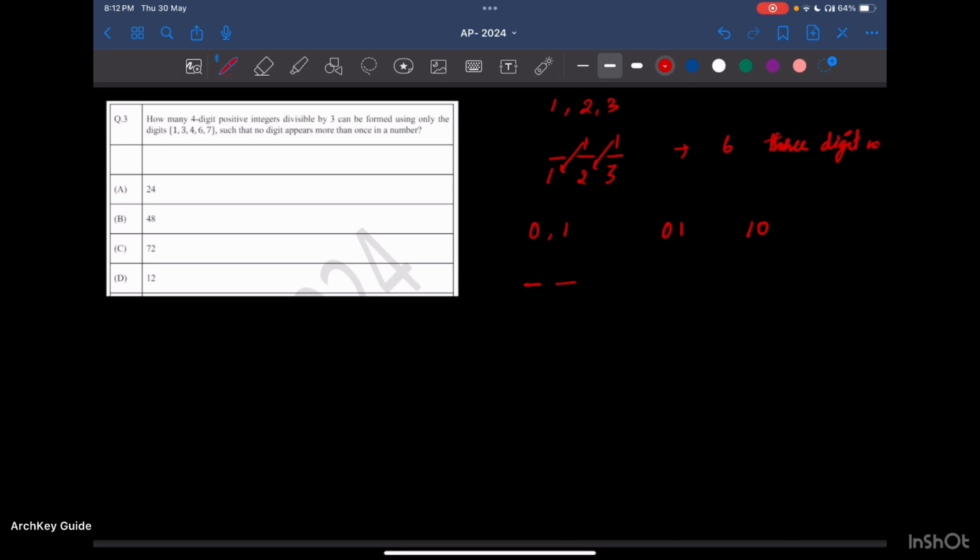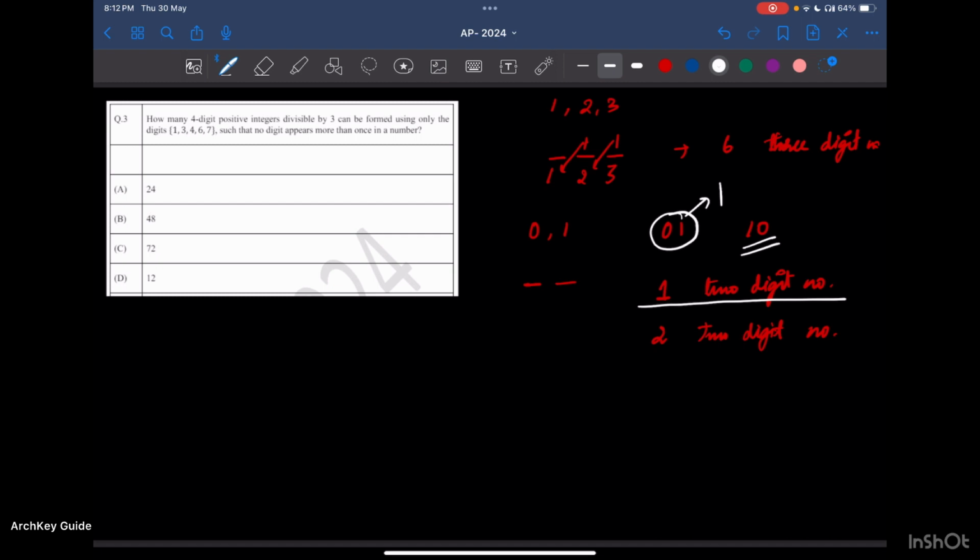How many of you got your answer as one two-digit number? And how many of you say two two-digit numbers? The correct answer would be this, because this is not a two-digit number. This is basically 1, right? Hence, only 10 can be formed.